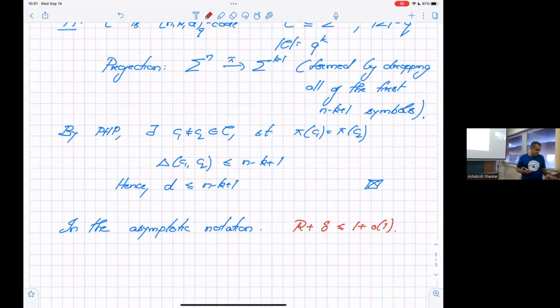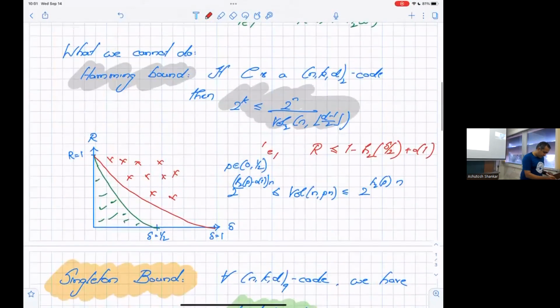Okay. So let's go back to that curve. How does this one look? It's going to look like a straight line which joins that point and this point. So it's strictly worse off than the Hamming bound.